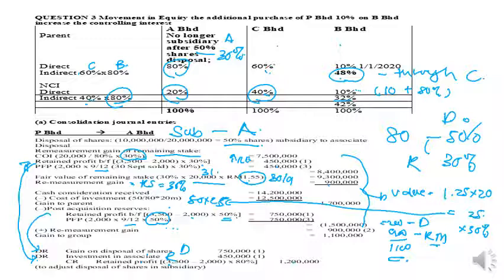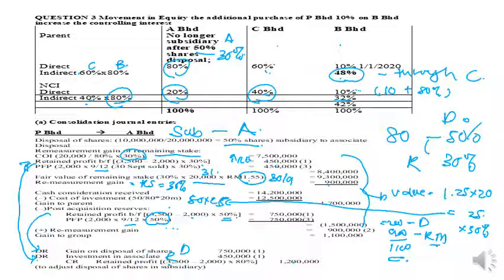So the value of the company is RM1.25 times the share capital of 20, so you have 25. 25 times 30% gives 7.5.